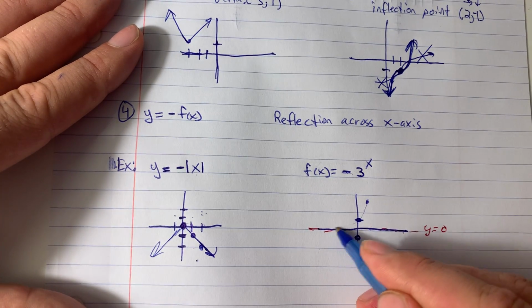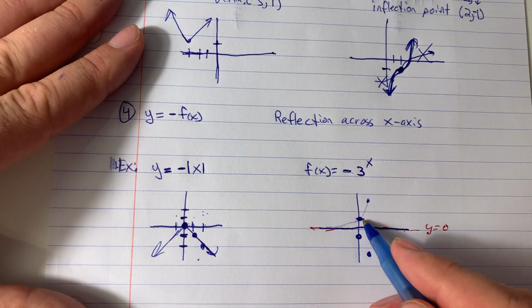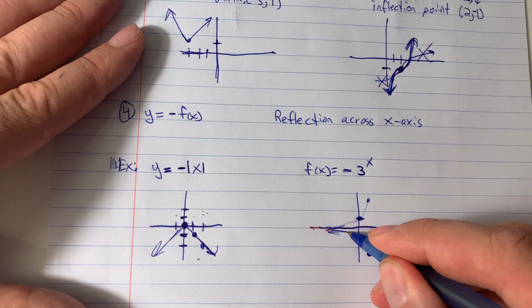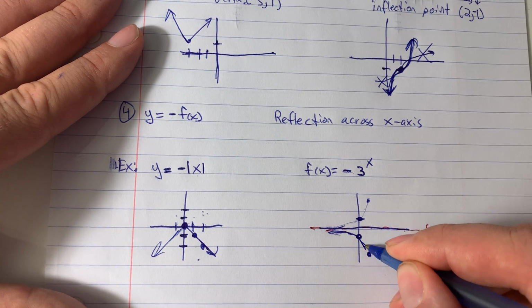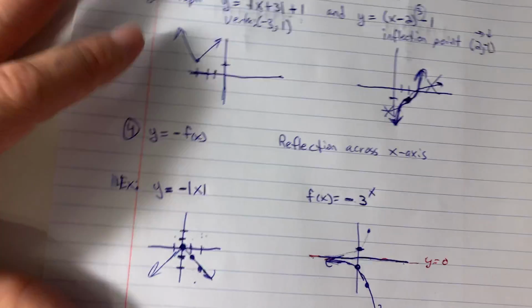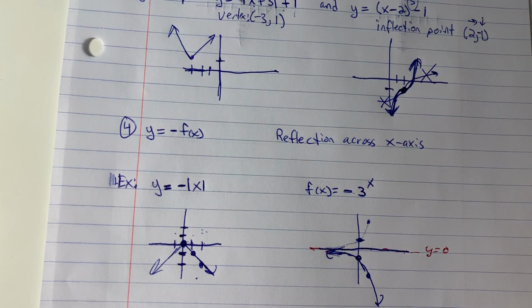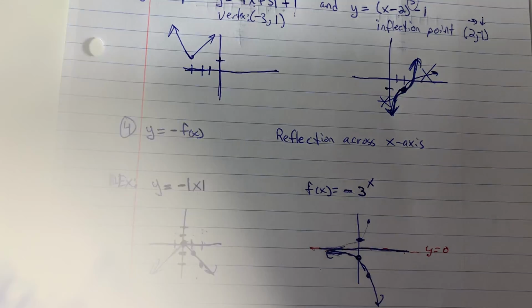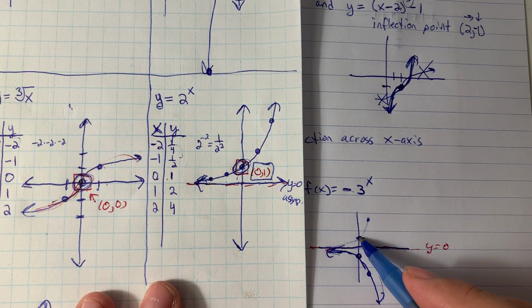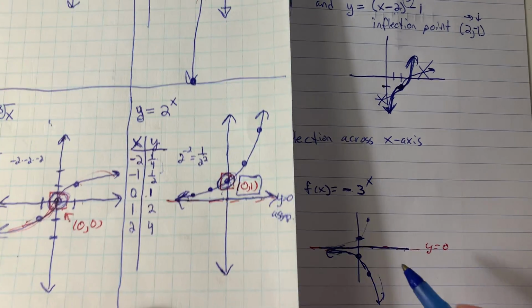Normally, they'll be heading towards the asymptote above the x-axis, but now it'll be heading towards the asymptote below the x-axis. And so we can see that this exponential function gets reflected across the x-axis. So instead of our parent function that we're used to from our warm-up, all of those positive values become negative y values.